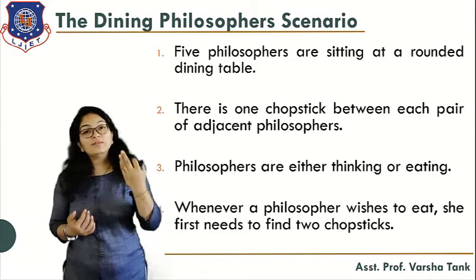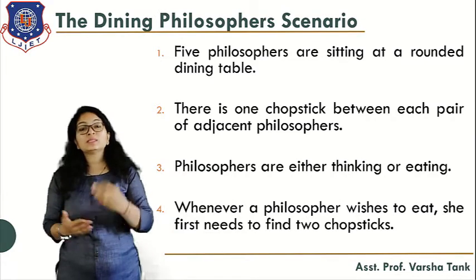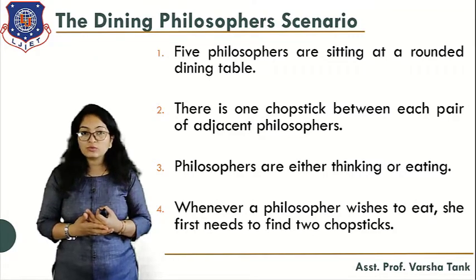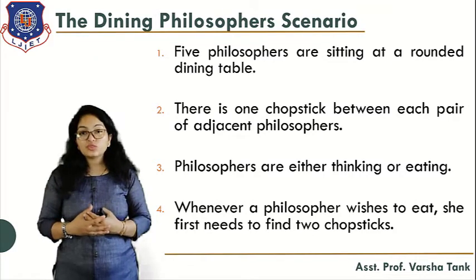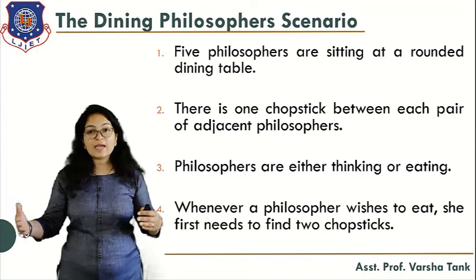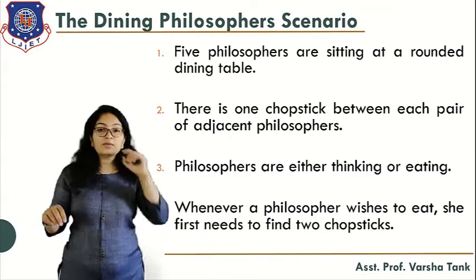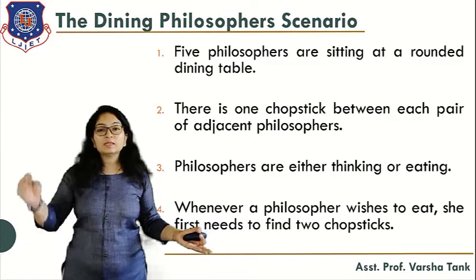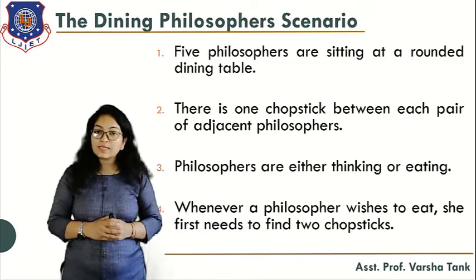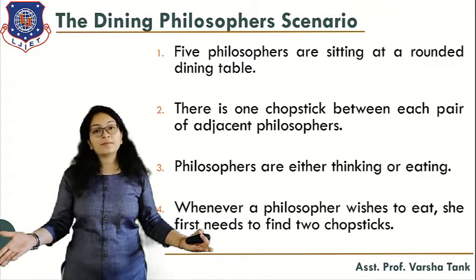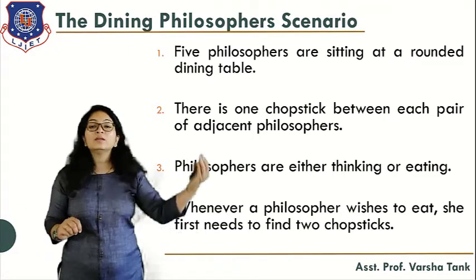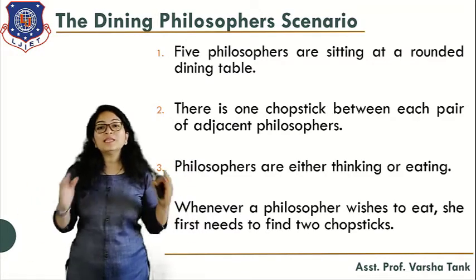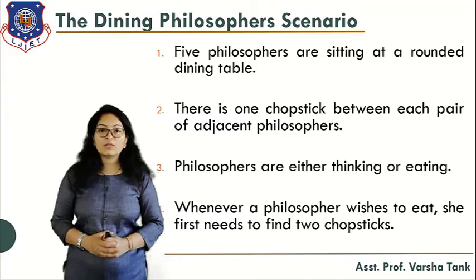So when a philosopher wants to move from thinking to eating, she has to find the 2 chopsticks from the left side as well as from the right side. If the left side is available and the right side is not available, she will put down the chopstick. In the same way, if the right side is available and the left side is not, she puts down the chopstick from the right side. So from both sides, the chopsticks should be available.